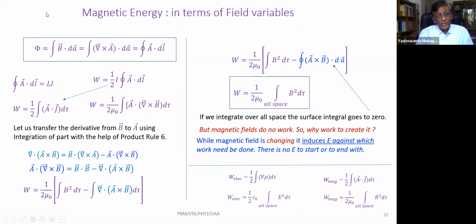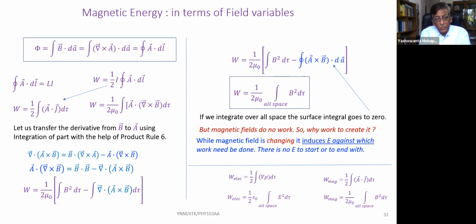Once I tell you that this is the derivation, you'll be able to go through it, because it's exactly the same. We have done it many times over: how to convert from a volume integral to a surface integral, and how to compare the volume and surface, and let the surface blow up such that the contribution of the surface goes to zero. That's the trick that we did. So I have shown you.